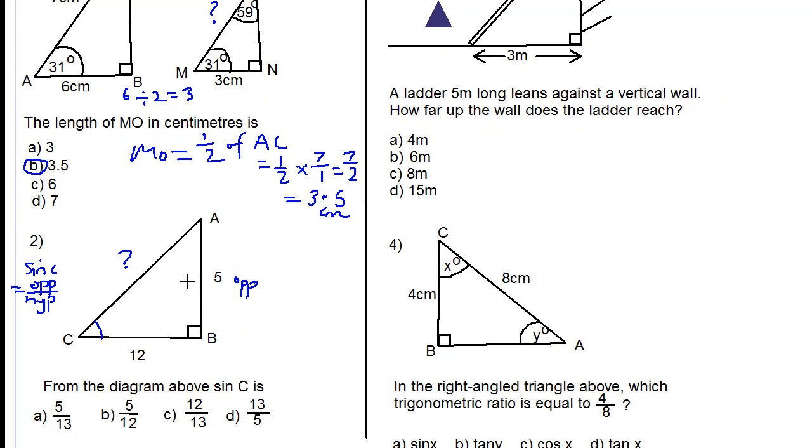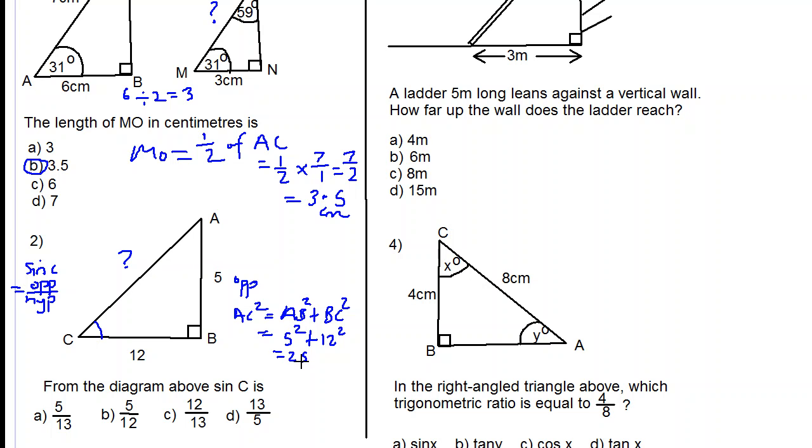So we use Pythagoras' theorem to work out the length AC. We say AC squared is equal to AB squared plus BC squared. So the length AB is 5 squared plus BC is 12 squared.